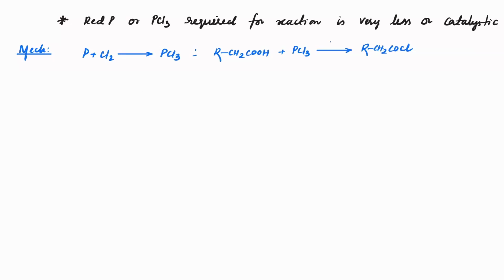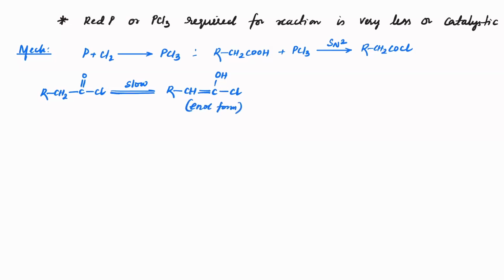This just happened via an SN2 type of reaction. So RCH2 and then we have C double bond OCl. Keeping it for a long time, it slowly starts tautomerizing. This is a slow process, going to RCH double bond C, OH and Cl present here. So this is like an enol form.